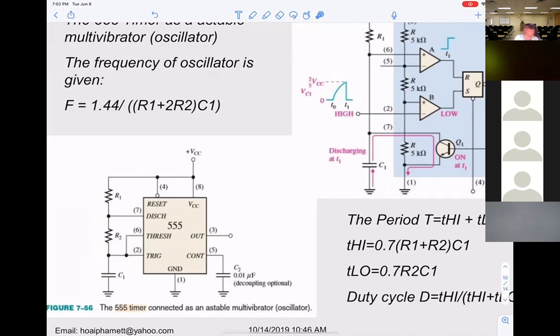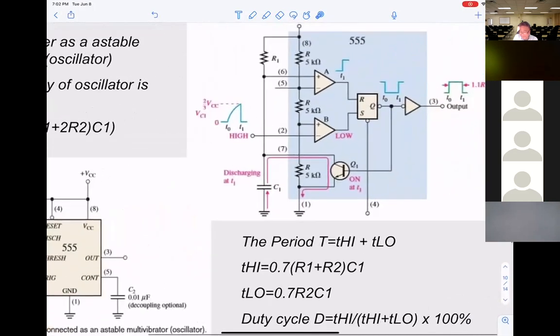When the capacitor goes up to a certain voltage, the transistor here will be turned on. It connects pin 7 to the ground, so the capacitor will now be discharged.